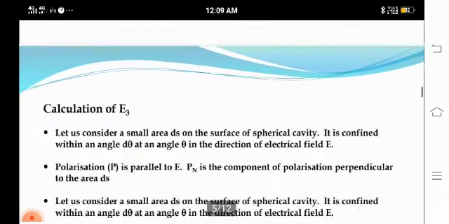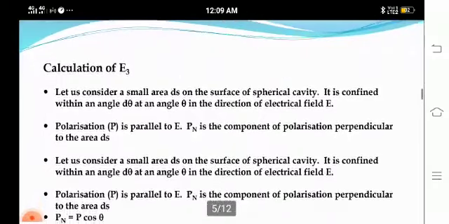Now we can calculate what E3 is. Let us consider a small area ds on the surface of a spherical cavity, in the material chosen for polarization.